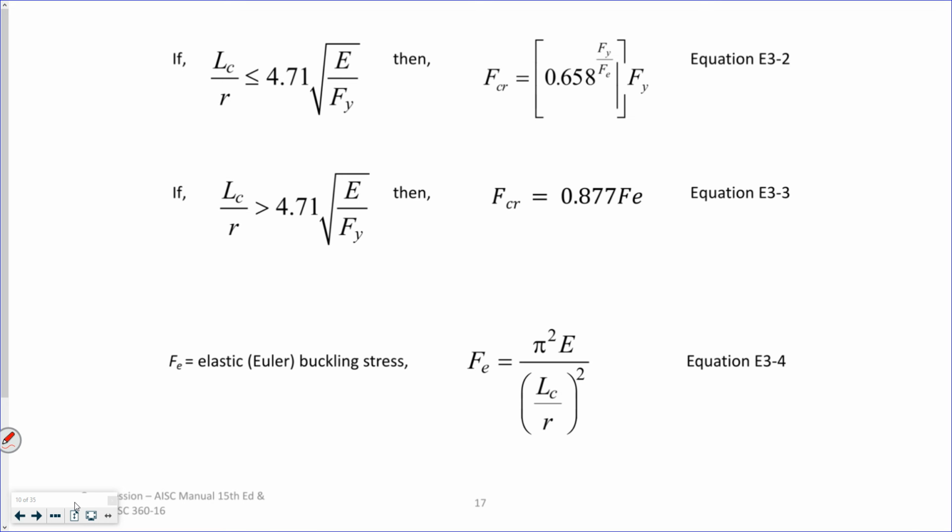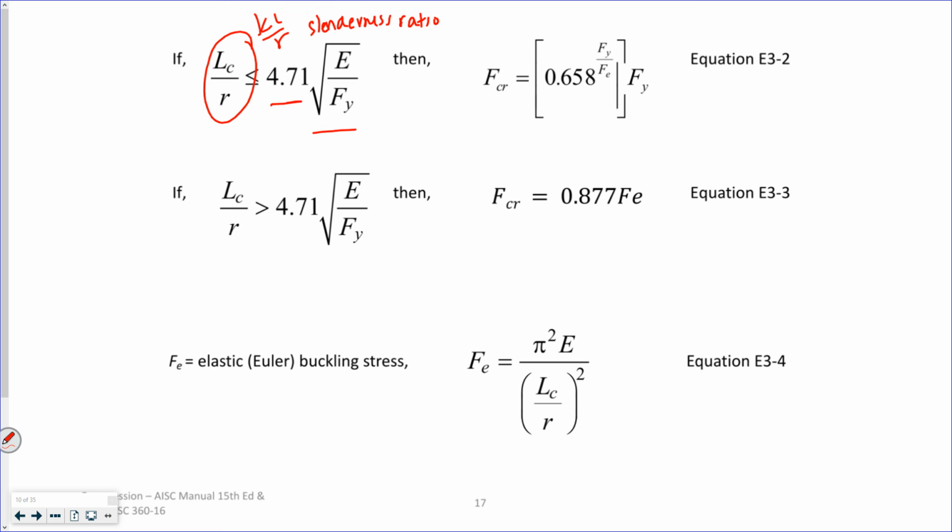So the first one, right, KL over r, that's my slenderness ratio, and we're going to compare it to 4.71 square root E over Fy.